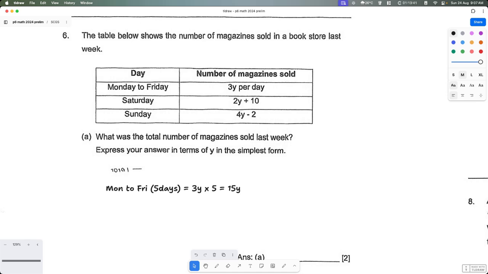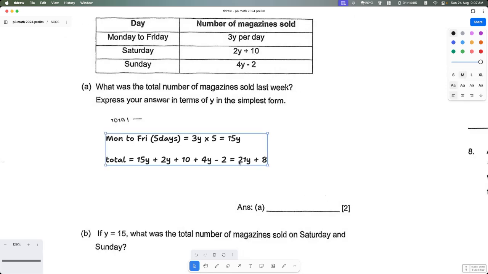That means total is equal to 15y plus 2y plus 10 plus 4y minus 2. So altogether we have 21y, no sorry, plus 8 in this case. So that's it, 21y plus 8. Let's move on to the next one.